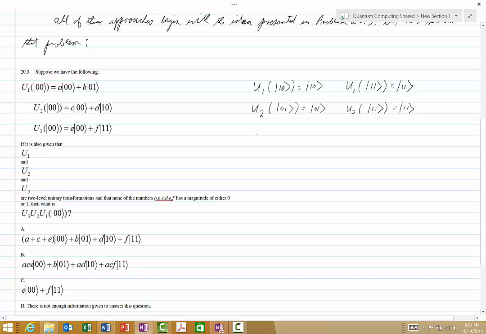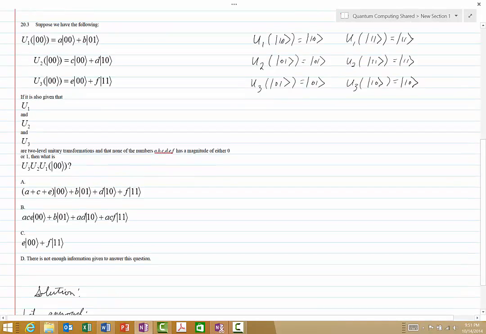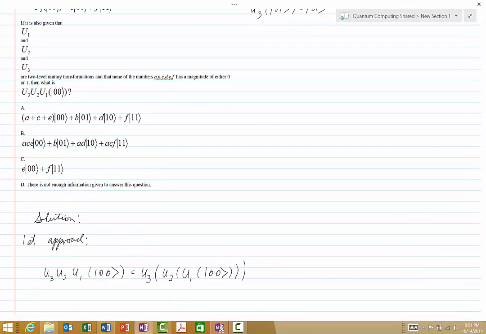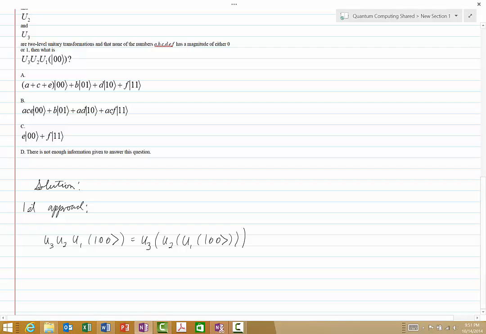Finally, U3 acts non-trivially only on 0, 0 and 1, 1, so U3 of 0, 1 is equal to 0, 1, and U3 of 1, 0 is equal to 1, 0. This information will be useful to us in the solution procedure that we will outline here. So let's see how this goes.